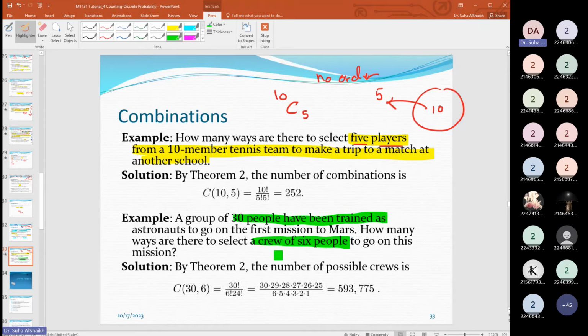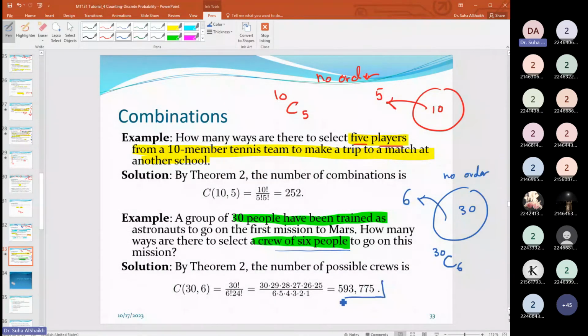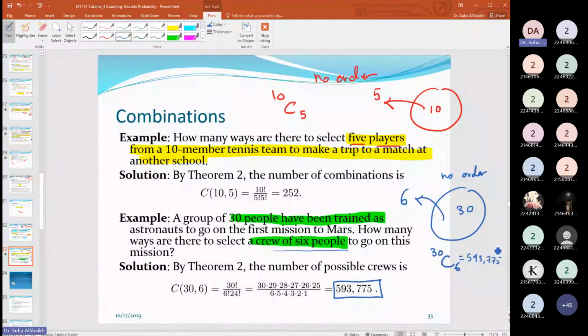Is there order or no order? I'm choosing 6 people, right? Do you have order for those 6 people? No order, right? So no order as well. So I'm talking about 30 combination 6. You do the calculation and this will be the answer. It's 593,775.